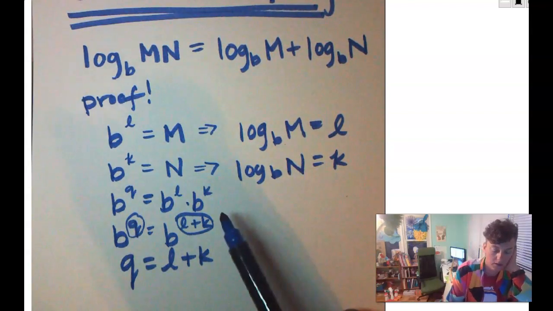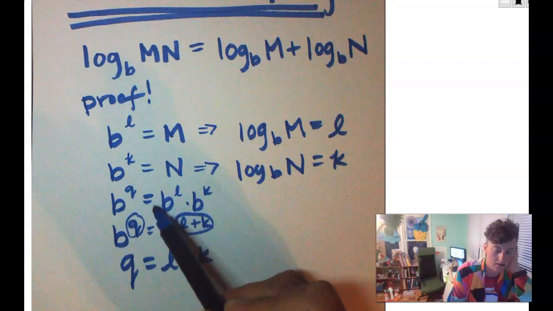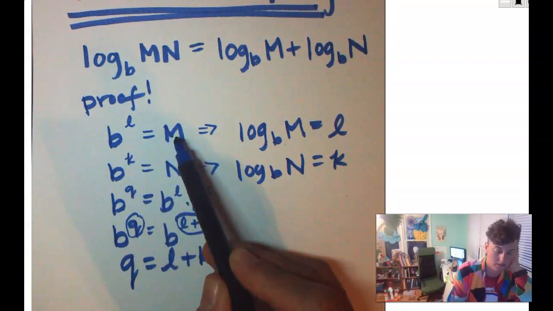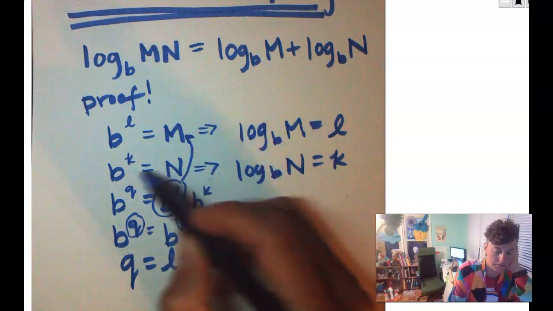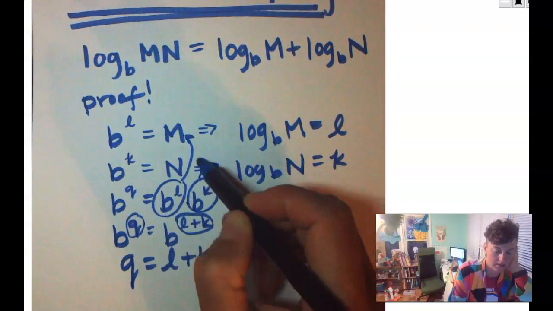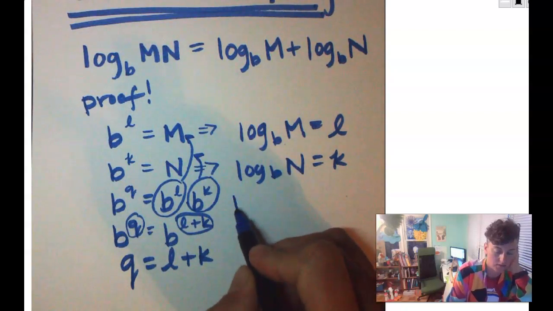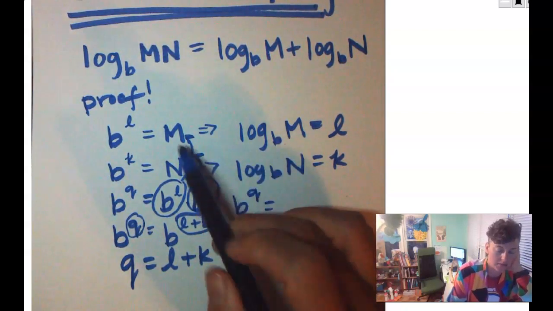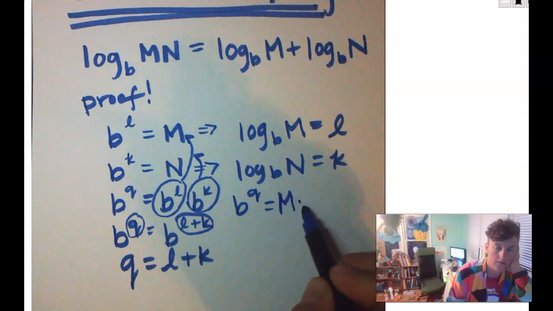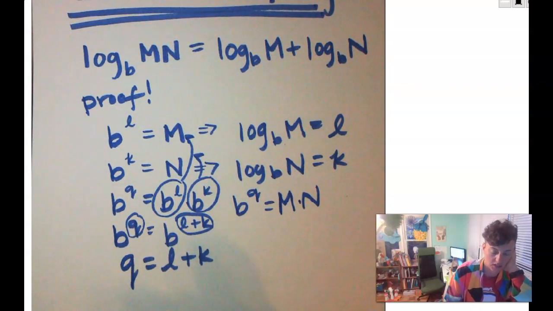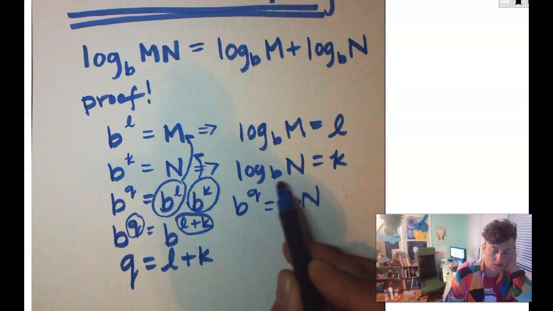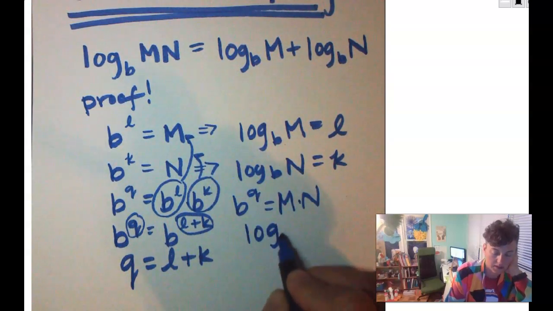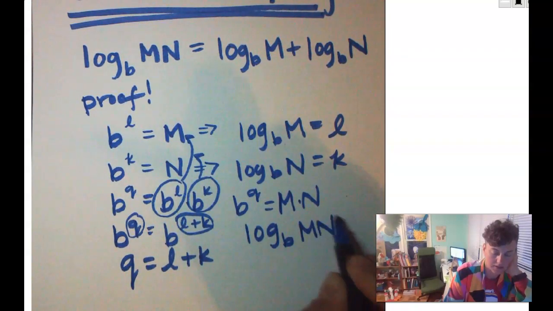And then we also know, because b to the L equaled m and b to the k equaled n, that b to the q equals m times n, which we can change into a logarithm as well. So log base b of m times n equals q.